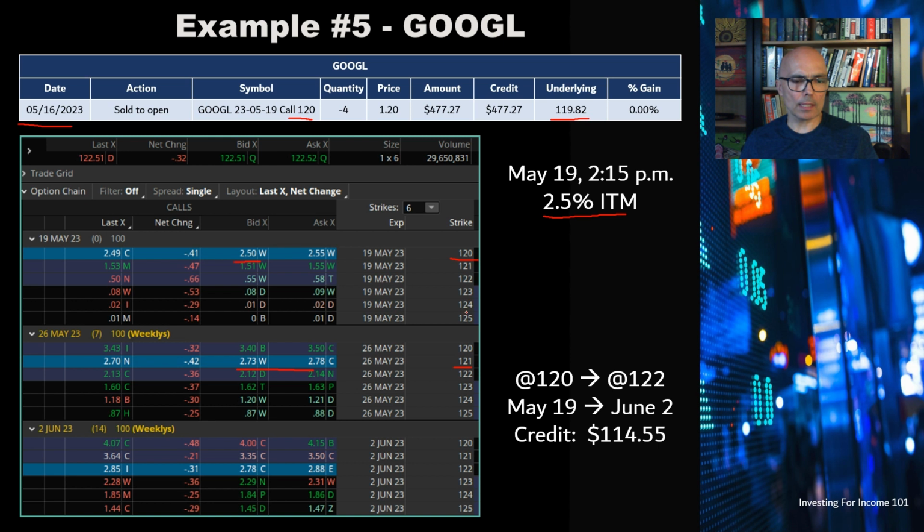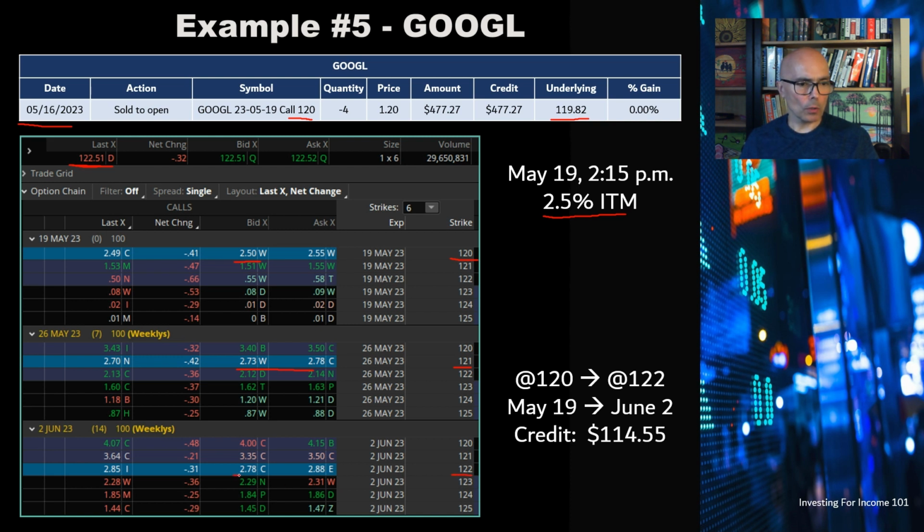That's less than 1% away from my original strike price, but also more importantly, Google right now is trading at 122.50. So I want a strike price that is at least close to 122, preferably above, but it's not always possible. In this case, 122 is pretty close.